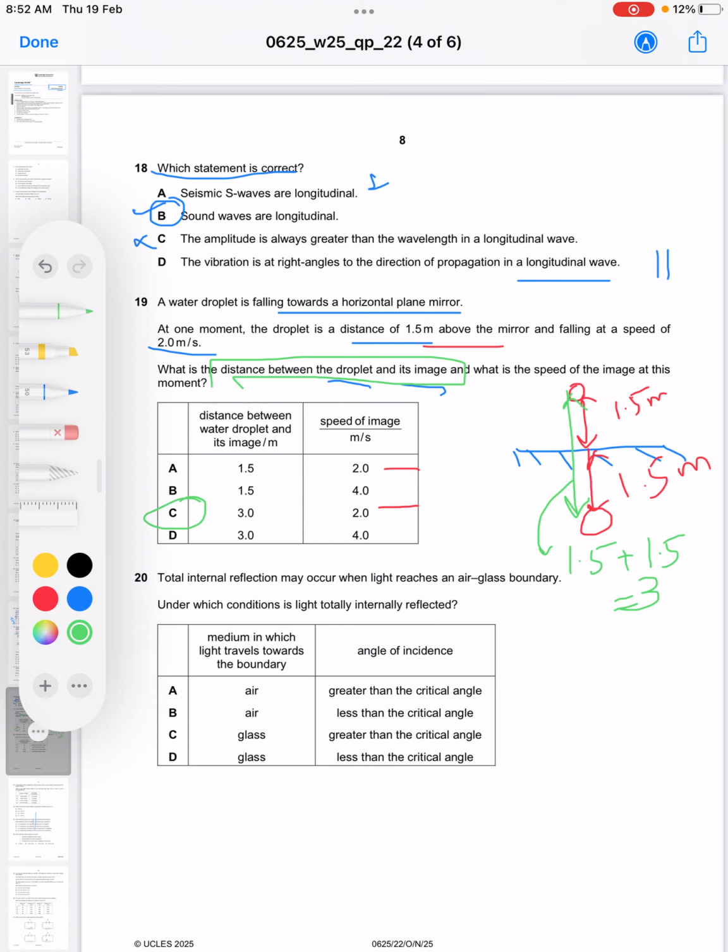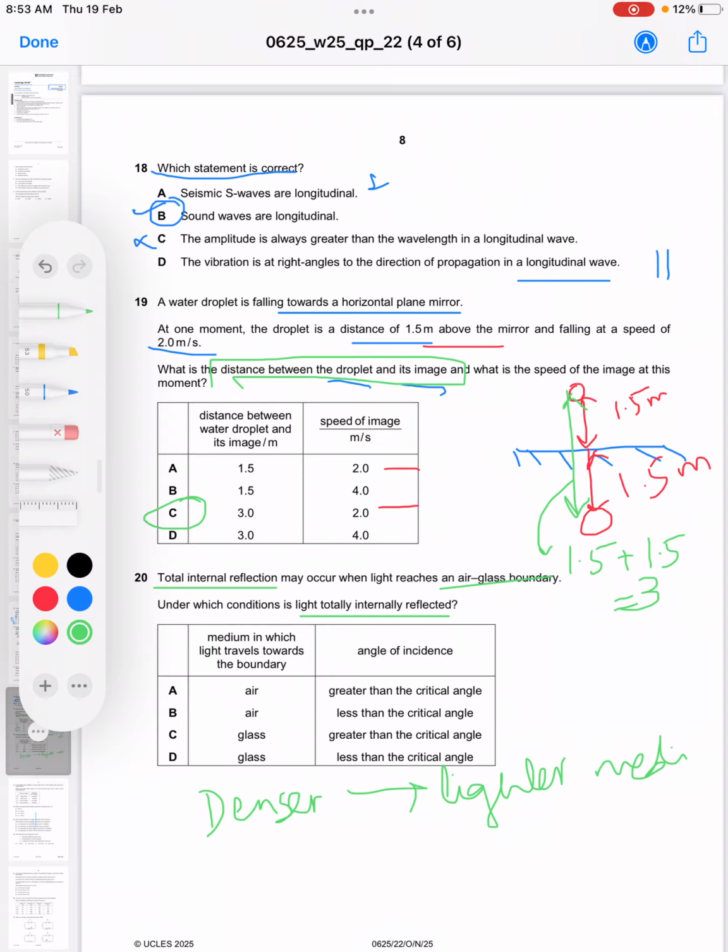Total internal reflection may occur when the light reaches an air-glass boundary. Under which conditions is light usually totally internally reflected? Basically, total internal reflection always occurs when a ray travels from a denser to a lighter medium, right?